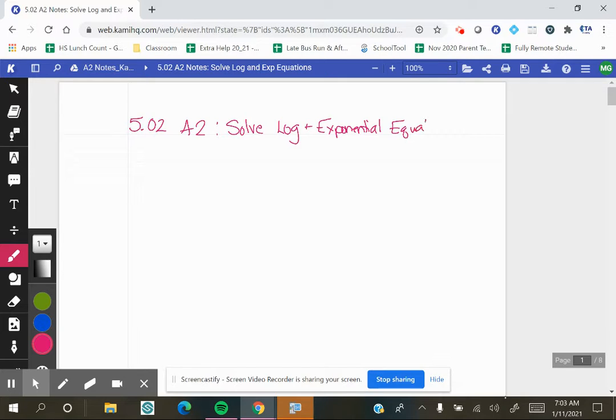We worked on solving some exponential equations before by trying to get the same base, but that is not always possible to do. So sometimes we need to use logs.